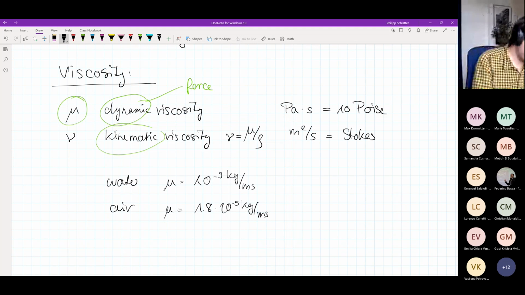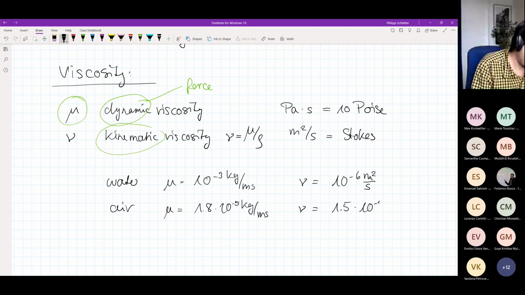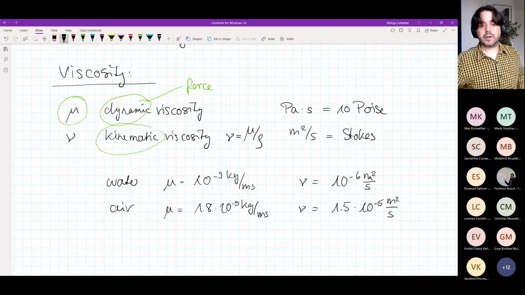But it becomes interesting if you then look at the values of nu for both fluids. So nu in water is approximately 10 to the minus 6 meters square divided by second. And for air, it's 1.5 times 10 to the minus 5 meters square divided by second. And now you see something that is perhaps a little bit unexpected.